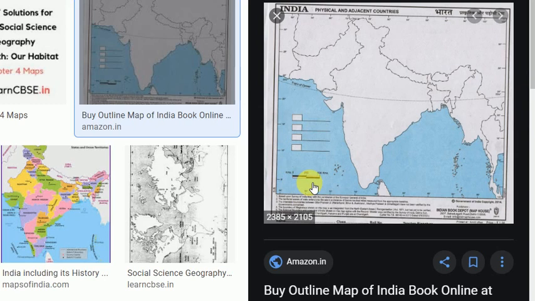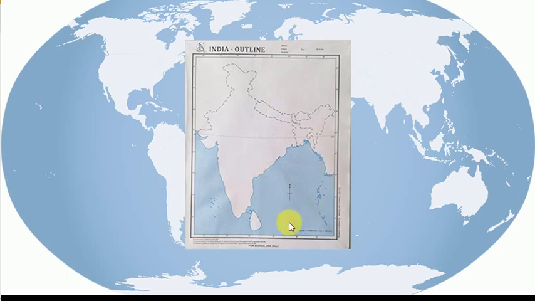As you can see, a linear scale is being shown over here. You can see in this map the arrow which has been made, and at the tip it is written N. This means that the arrow is pointing towards the north. This arrow on the map is called the north line.